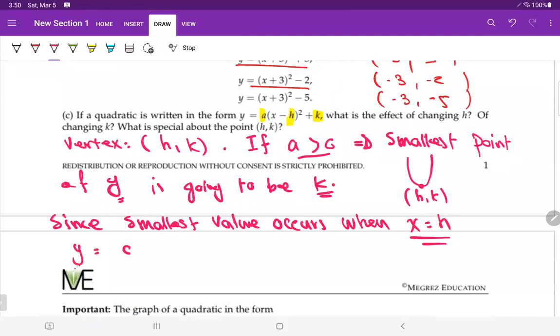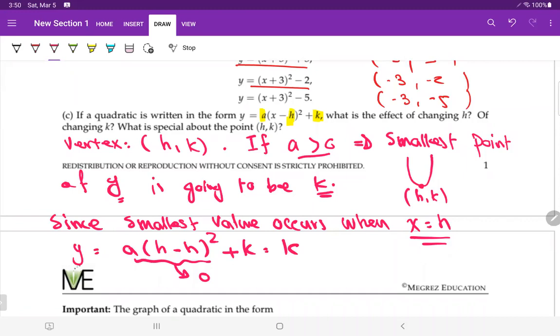Y equals A times H minus H, I'm plugging in H only. The answer is going to be K because this is 0. So this point is the vertex.